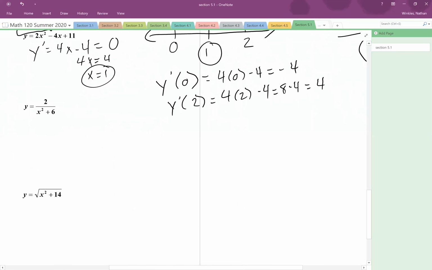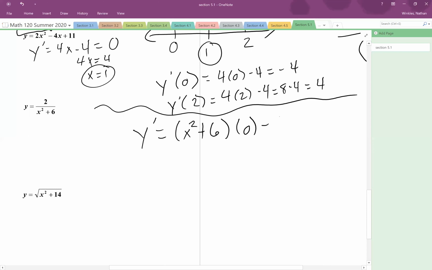For this one, y equals 2 over x squared plus 6. We get y prime is equal to low d high minus high d low over the bottom squared.